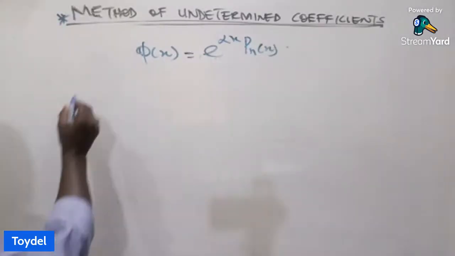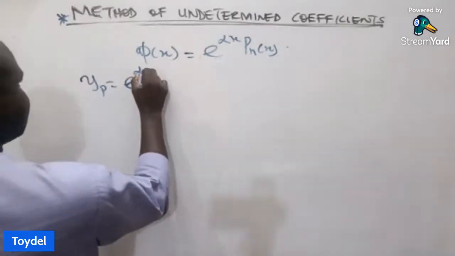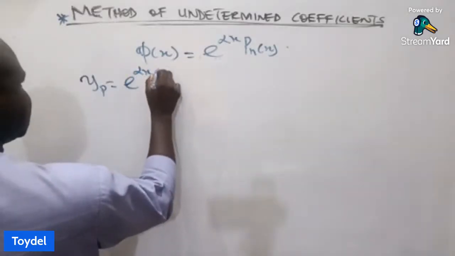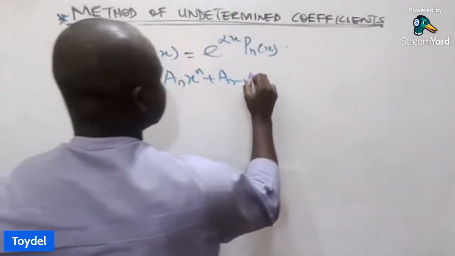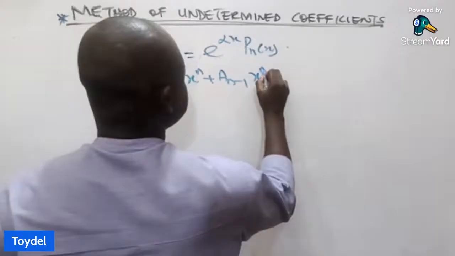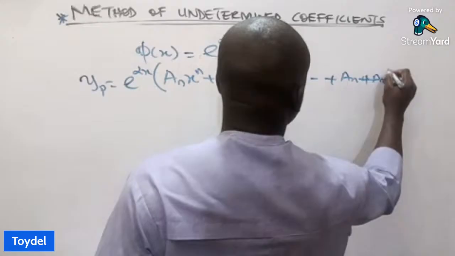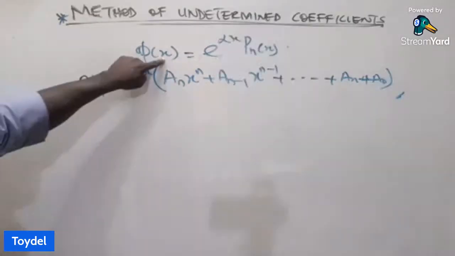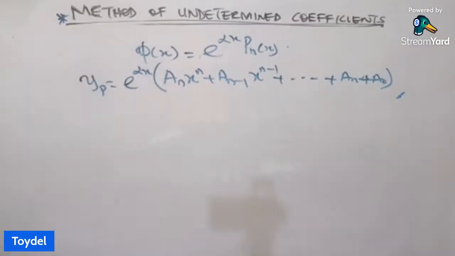The particular solution will be written as y of p equals e to the alpha x, times the bracket a n x to the n plus a n minus 1 x to the n minus 1 plus dot dot dot plus a1 x plus a naught. This is how we write it when the right-hand side is a product of two functions.